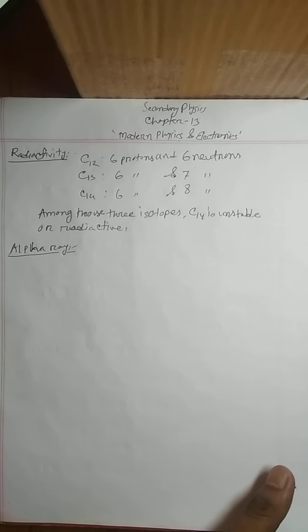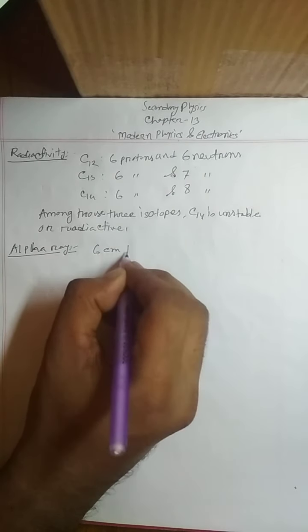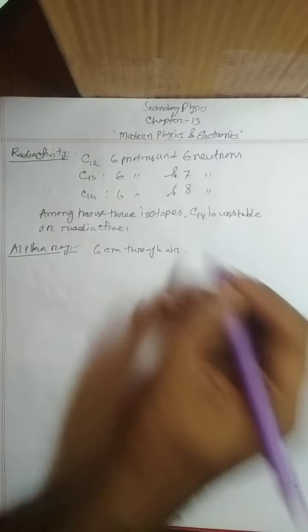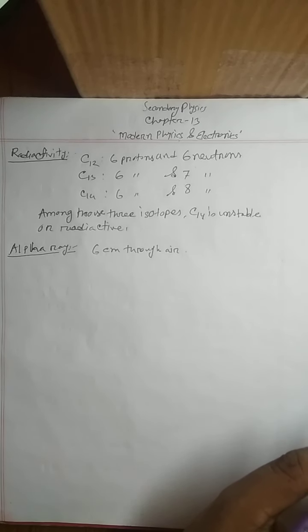It loses its energy by ionizing air molecules and atoms, traveling approximately 6 cm through air before stopping. Okay? An alpha particle can be stopped by a sheet of paper.